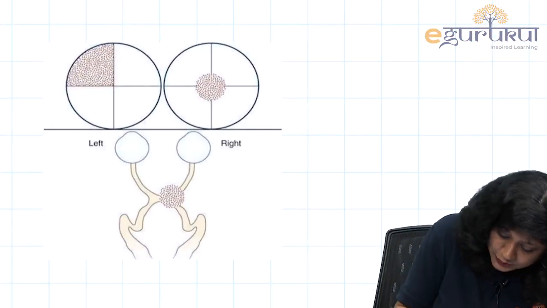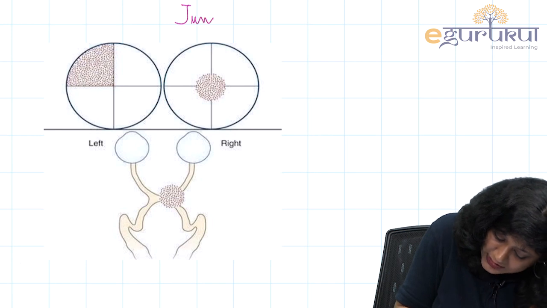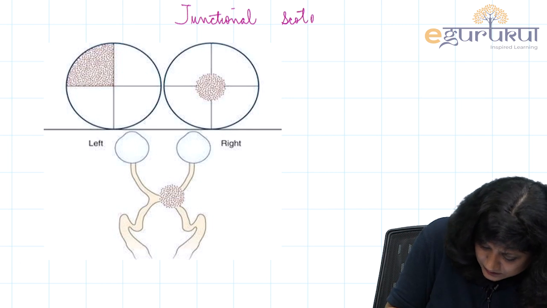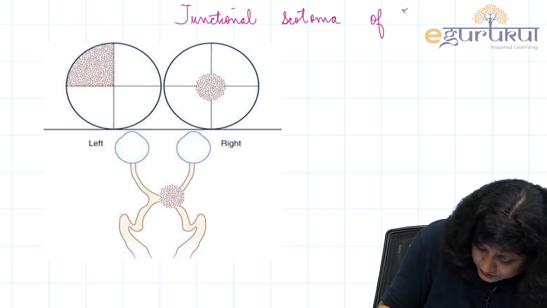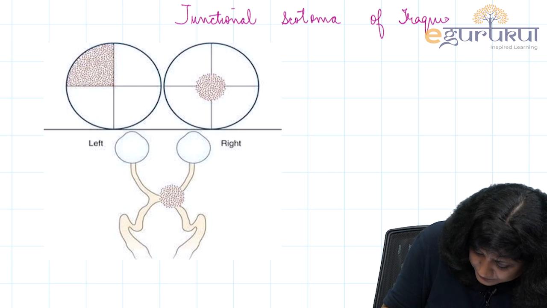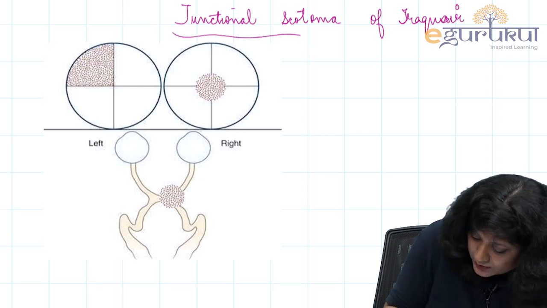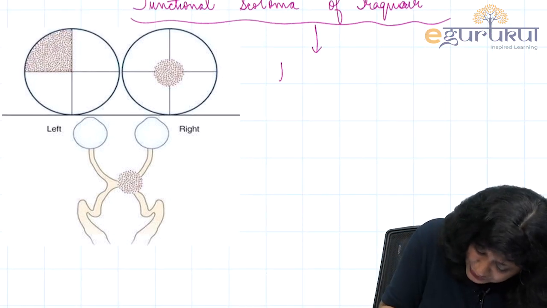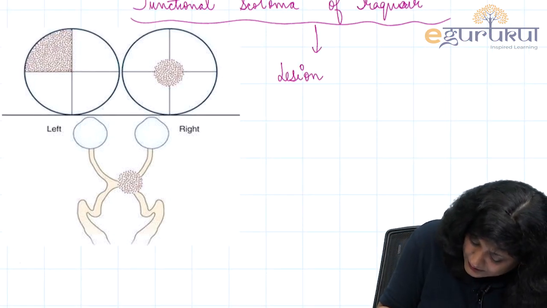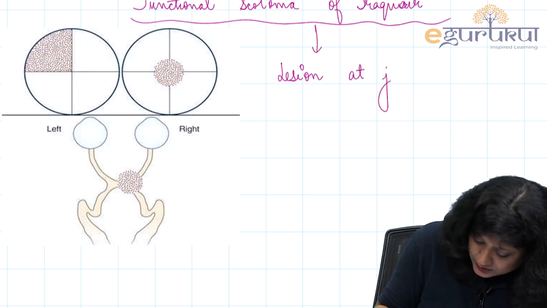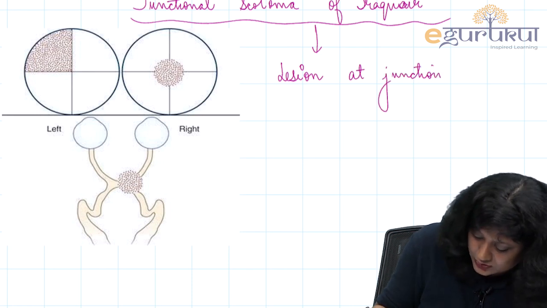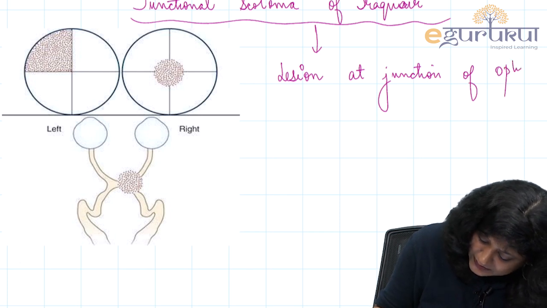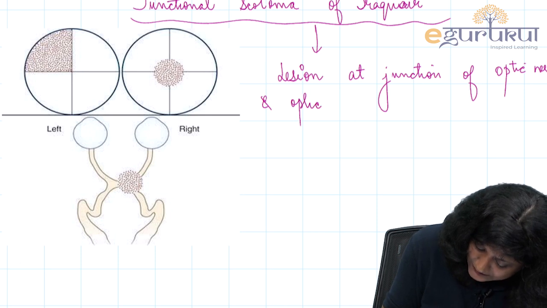This is what you call the junctional scotoma, where we have got the lesion at the junction of the optic nerve and the optic chiasma.